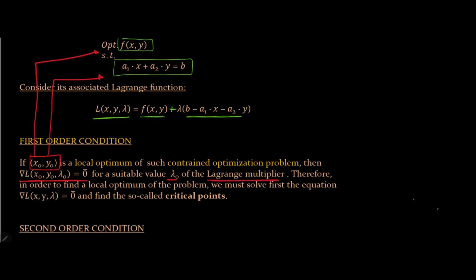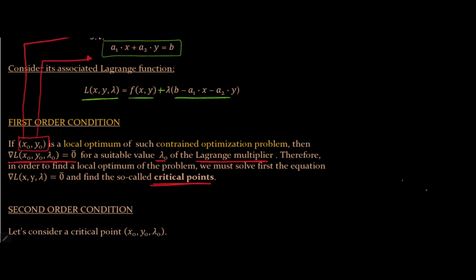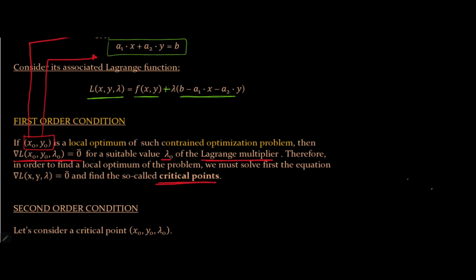Okay, so the first condition for finding the optimal points of a constraint optimization problem, the so-called critical points, is to write a system involving the partial derivatives of the Lagrange function.